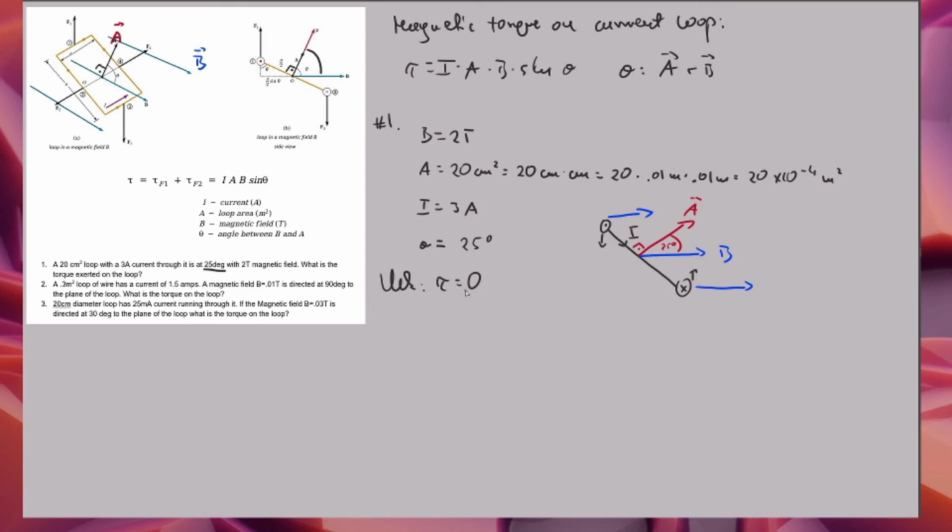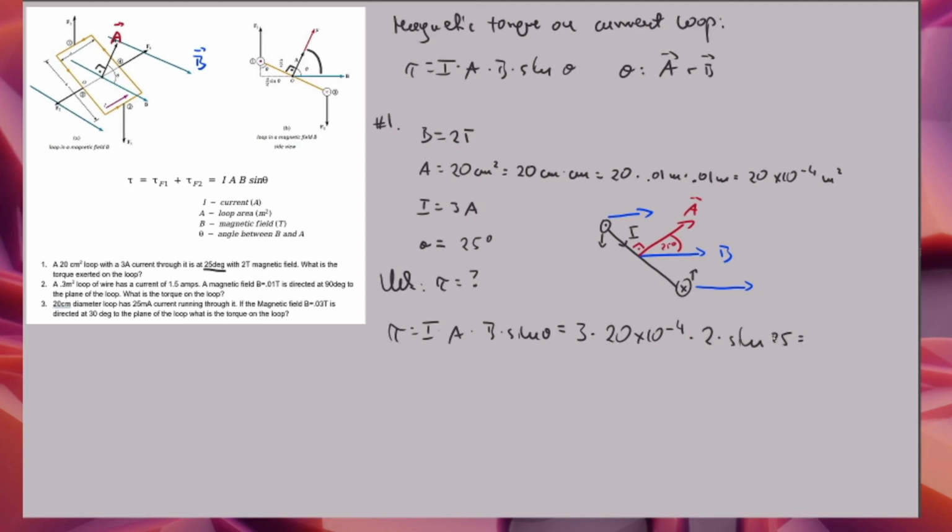And look at that, I wrote that torque is 0. That's not really the case. So the torque is the unknown. Let's go ahead and calculate this. Torque equals I times A times B times the sine of the angle theta. Just plug in the numbers. I is 3 amps, area is 20 times 10 to the negative fourth, magnetic field is 2, and then sine of 25.